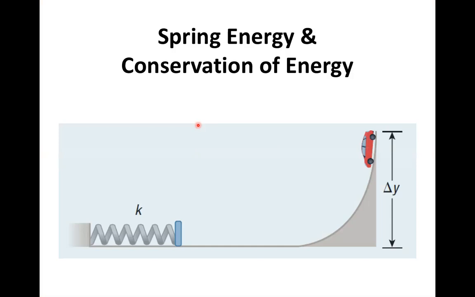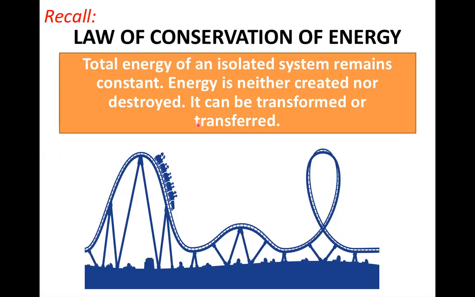So now we're going to put it all together. Now that we've learned one other type of energy, in addition to EG and EK, we've learned EE. So we're going to do one conservation of energy problem where we're putting it all together. So how would we do that? Recall the law of conservation of energy, that energy can be transformed but is not created or destroyed.